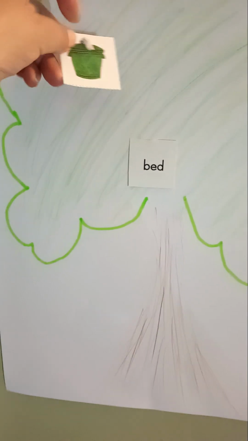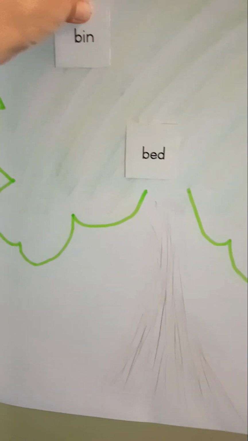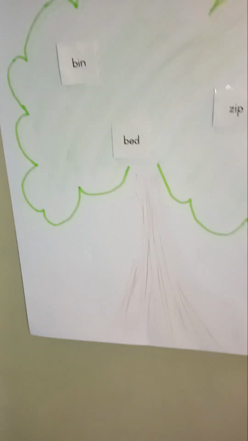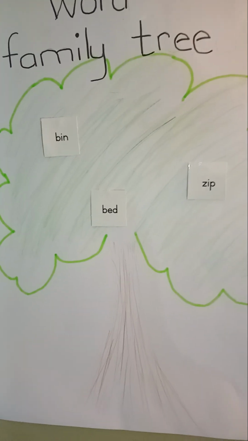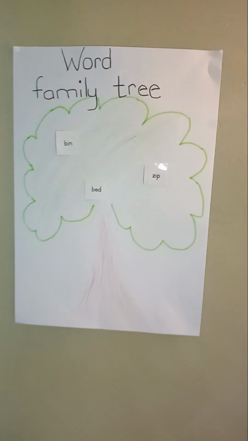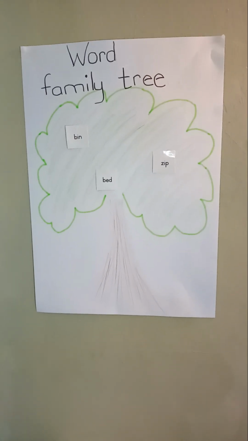Saying this is bun, as you can see, I'm turning it around, and bun. So this is my word family tree. My example, I've pasted on my wall where the class can also see.